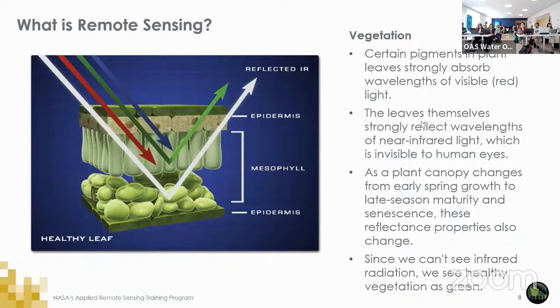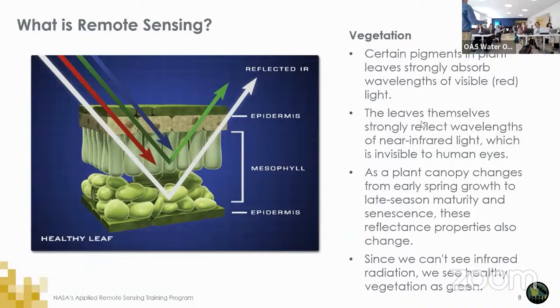And so those healthy trees are strongly absorbent in the red band, and they're very reflective in the near infrared band. Those are some of the ways we can distinguish vegetation from non-vegetation, and also healthy from non-healthy vegetation. It's also really useful if you want to look at seasonal patterns, at phenology.